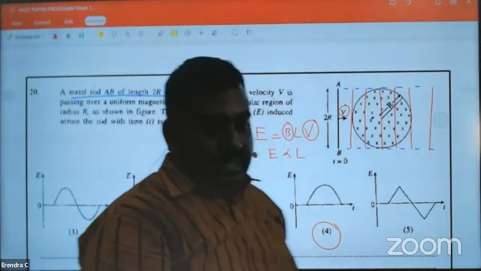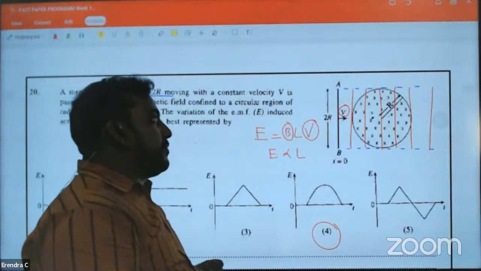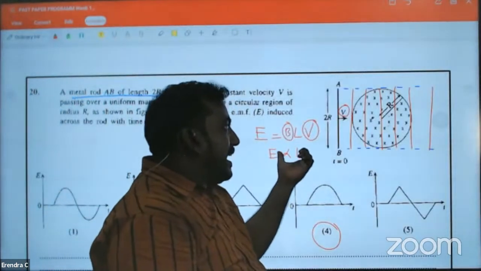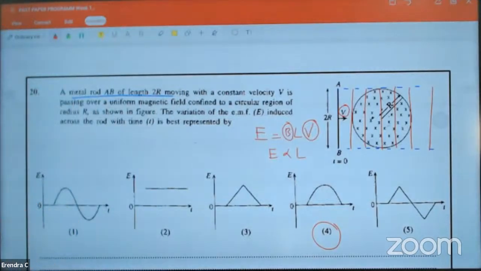Right there. The induced EMF depends on the length of the conductor linking with the magnetic field.